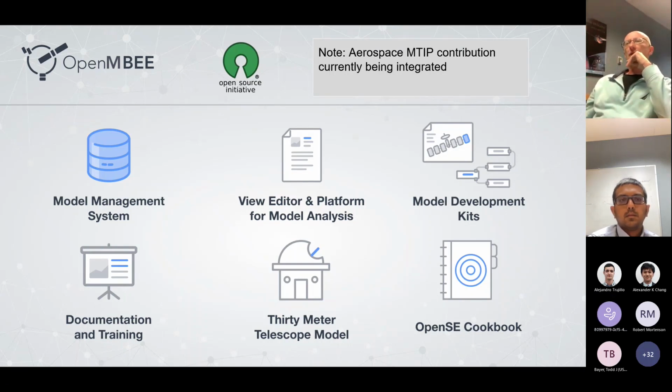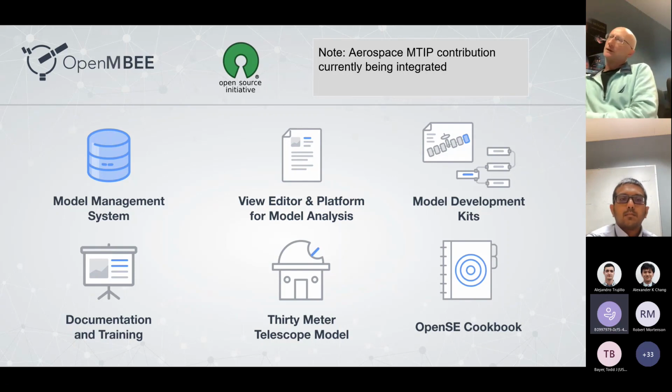There is the 30-meter telescope model, which is, as far as I know, a production model. It's an open source model, which is an executable model, which is built using the OpenMBEE infrastructure. So there are simpler models than that. That's a highly complex model, producing requirement flow down documents, design description documents, interface control documents, based on the OpenMBEE infrastructure, and they're all open source.